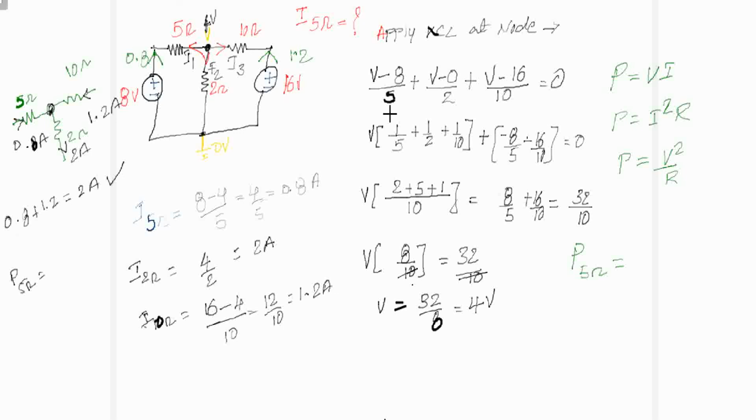Here if I want to find the power absorbed by the 5 ohms, I need to know either the current or the voltage. Here I got the current. The current is 0.8 whole square into the respective resistance, or I can consider the voltage also. The voltage is 8 minus 4, that is 4 volts. So 4 square by 5 also I can consider. Both the values give the power absorbed by any element.